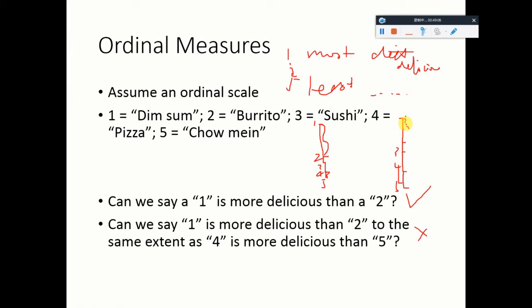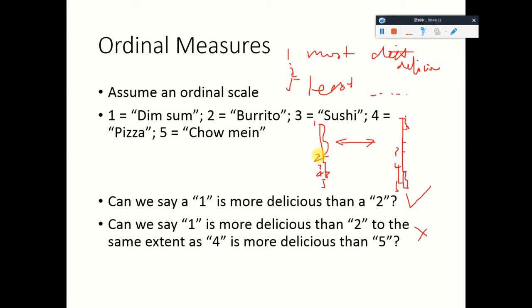So this time the difference between 1 and 2 is much smaller than the difference between 4 and 5. So in other words, both are valid ordinal scales. Both scales satisfy our designation here.